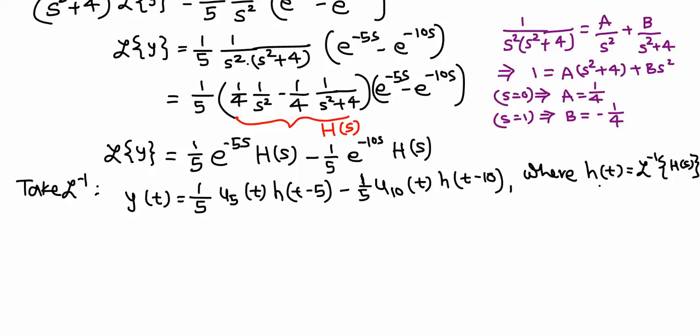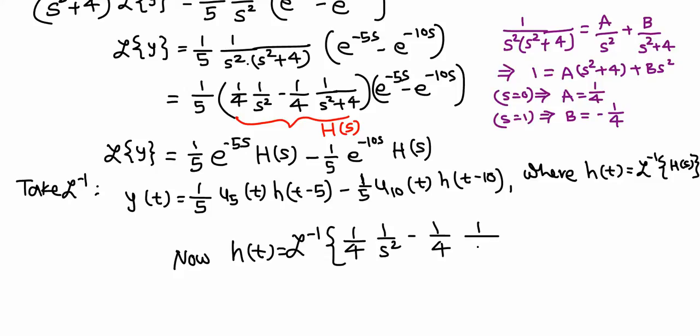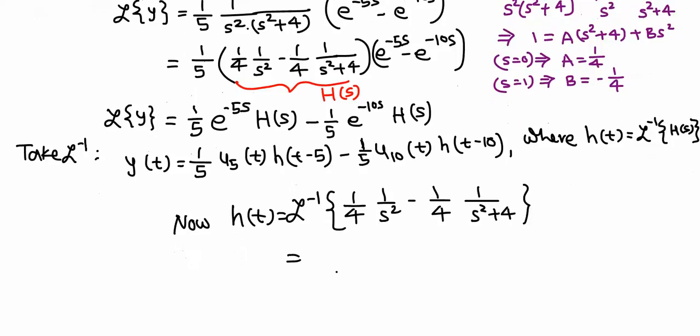Okay, so let's find h(t). h is the inverse Laplace of this. So the inverse Laplace of uppercase H is 1/4 times 1 over s squared minus 1/4 times 1 over s squared plus 4. Let's take the inverse Laplace. 1/4 constant, 1 over s squared is t, because Laplace of t is 1 over s squared, minus 1 over s squared plus 4.